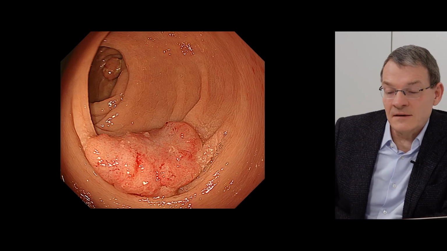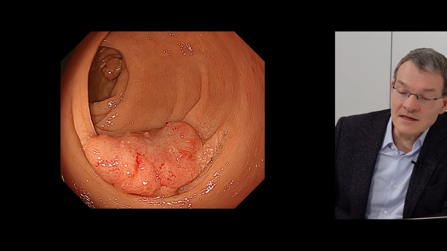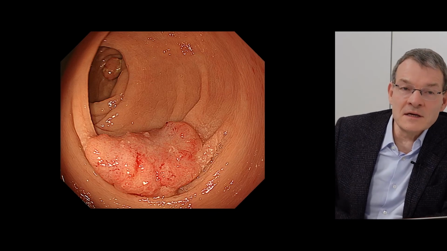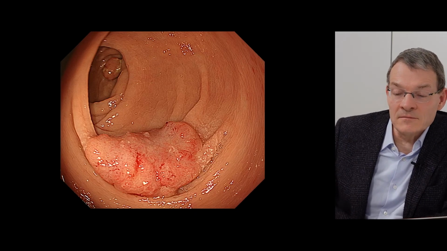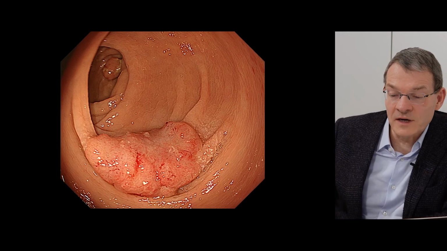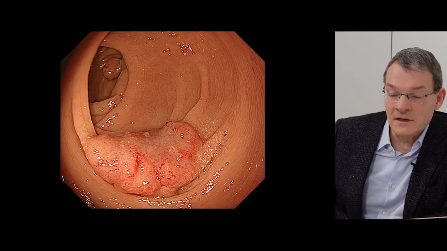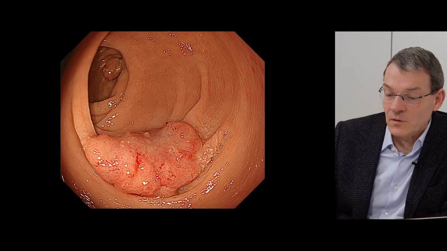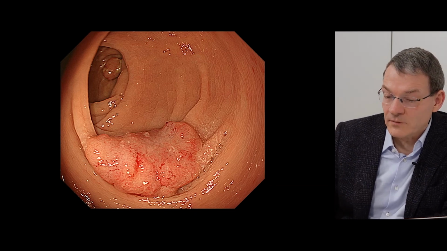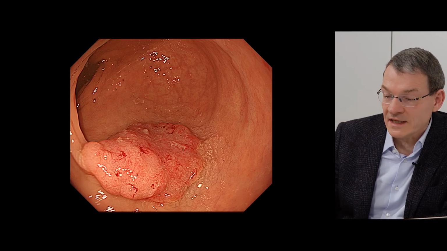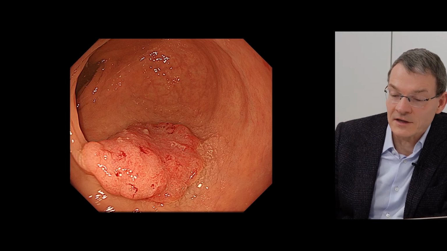Either we would resect this polyp by ESD, or we would proceed with endoscopic intermuscular dissection, because then we would be sure that we have also part of the muscle, and we have a higher chance of getting an R0 resection. So with regard to the endoscopic assessment of this polyp, what we do is we test the non-extension sign.